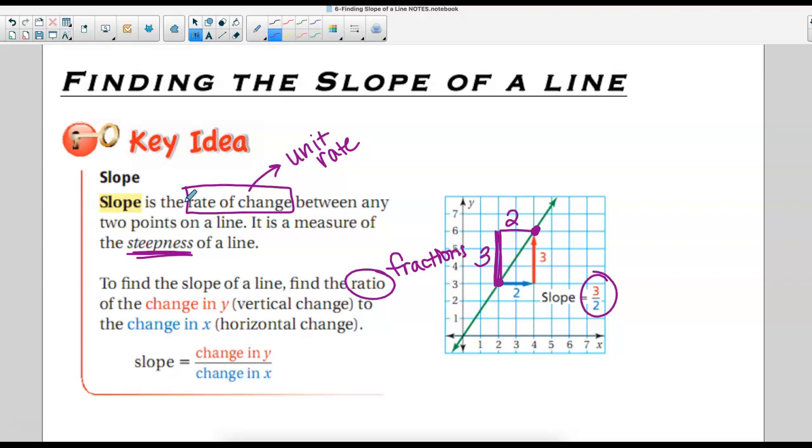Okay, now I said you can pick any 2 points. So I could pick this point here and go to here. Would it be the same? If I made that one giant step, how many do I go up? 6. And I go over 4. Is that the same as 3 over 2? 6 over 4 simplifies to 3 over 2.